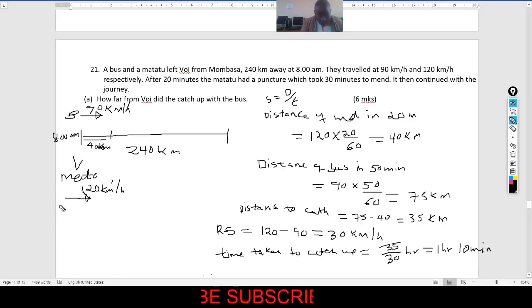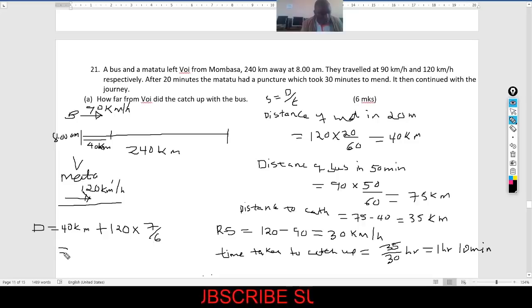For it to catch up, distance from Voi equals the 40 kilometers already covered, plus the distance it must run to catch up. We know the distance is speed times time. The speed it was moving is 120, times the time it must run to catch up, 1 hour 10 minutes, which is 7 over 6.